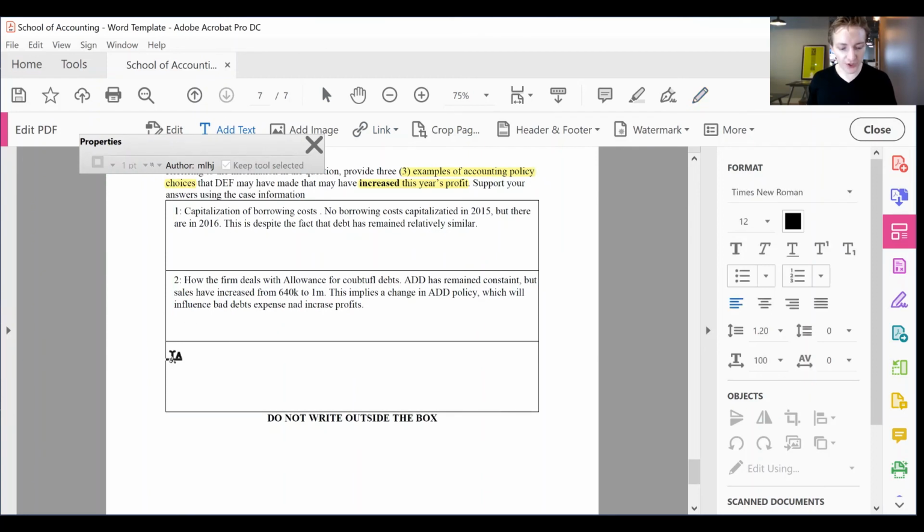So our third option here would, for example, be we would have a change in how we're accounting for inventory. So in terms of changing the account of inventory, we could have had a shift from weighted average to FIFO with prices increasing, which would increase inventory.